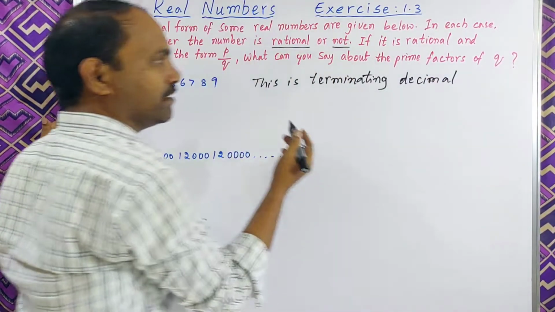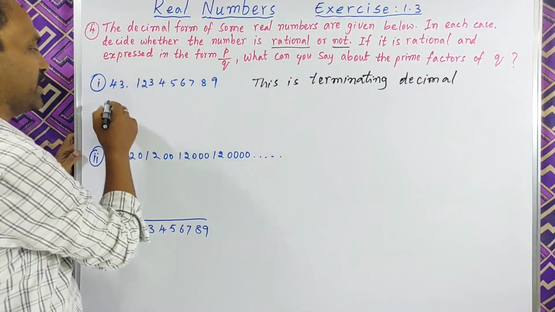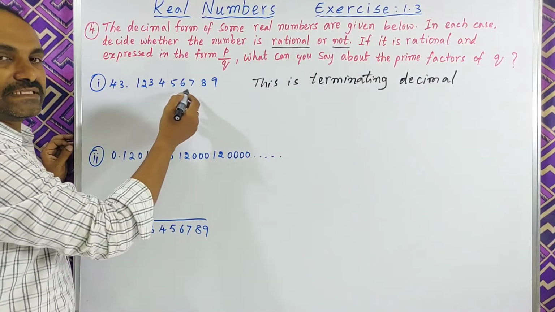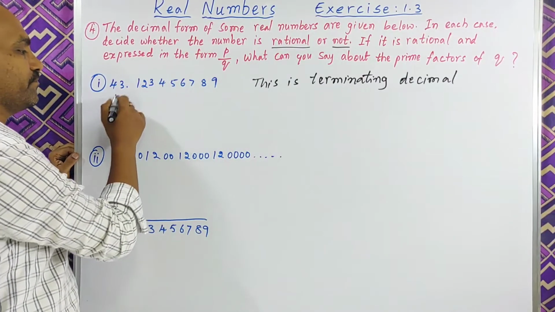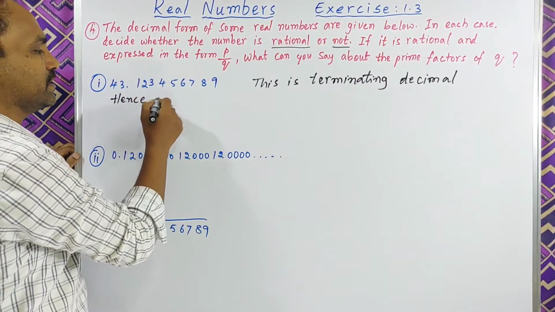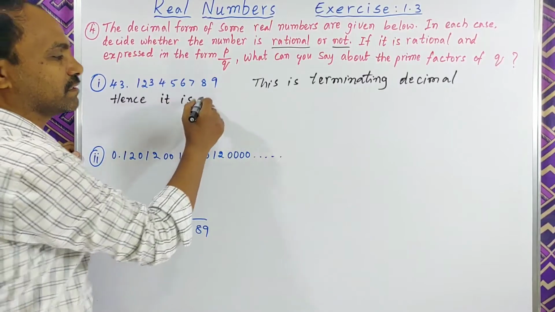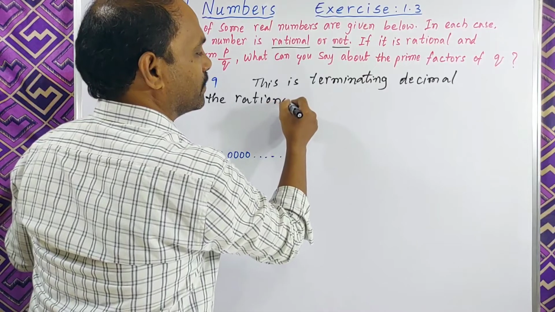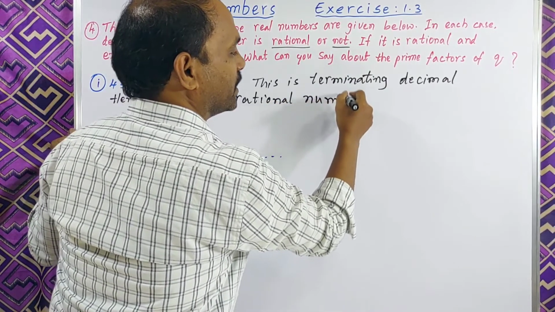Terminating decimals are rational numbers. That's why 43.123456789 is a rational number.